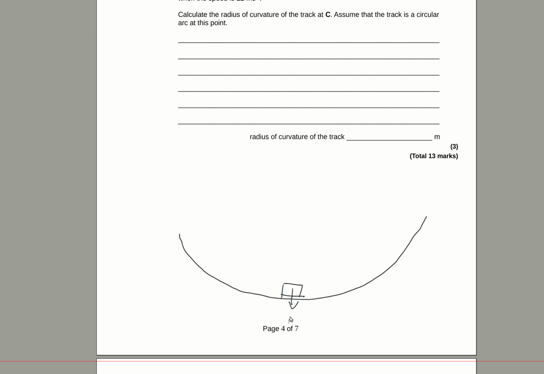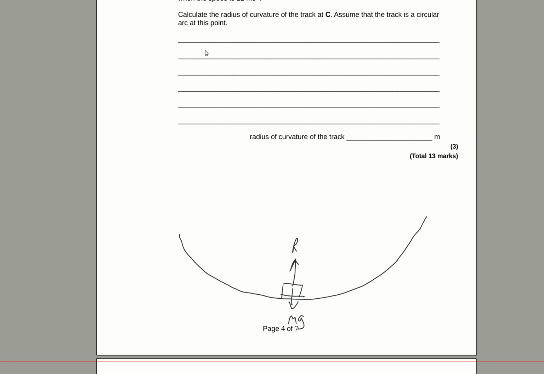We've got the weight mg and we've got the normal reaction there. Now if the car wasn't moving at all, then those two would be equal, but since it is moving and it's going in a circle, then this needs to be bigger than this to provide the resultant force, the centripetal force, towards the centre of the track.